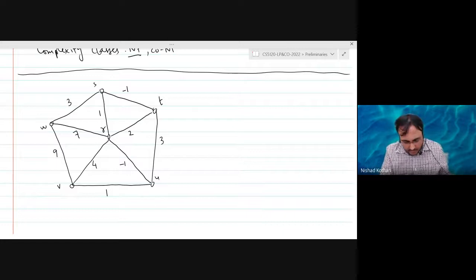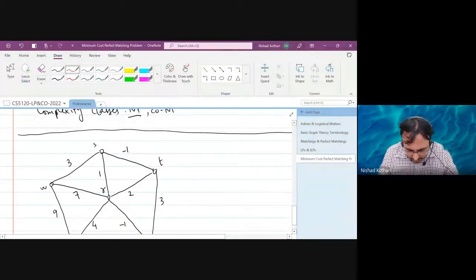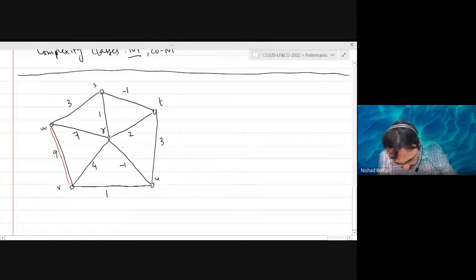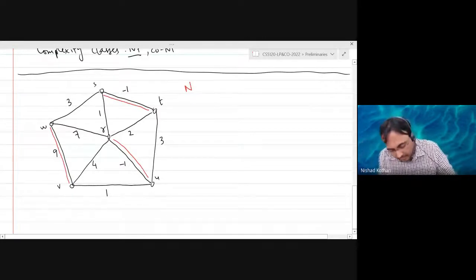All right. So let me point out a particular perfect matching here. Let's say I point out a red colored perfect matching. It's going to be this one. VW, RU, and ST. Okay. So the red colored perfect matching, we are going to call it N. And N is equal to these three edges that I have marked.